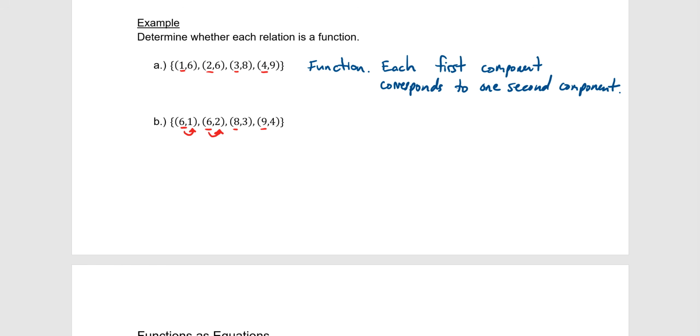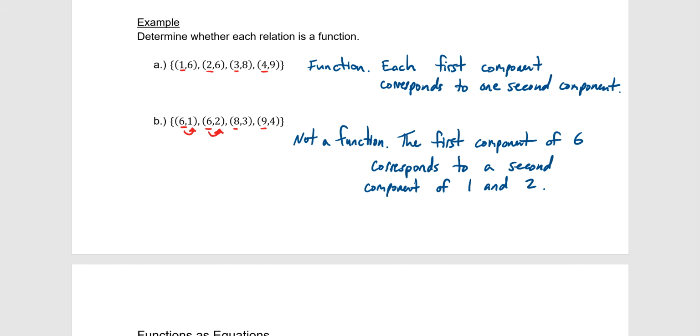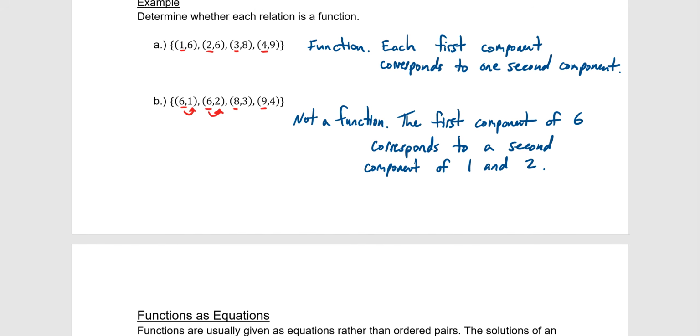Since we have the same value in the first component going to a different value in the second component, this is not a function. Okay, so that's one way we can see a function: as a relation or a set of ordered pairs.